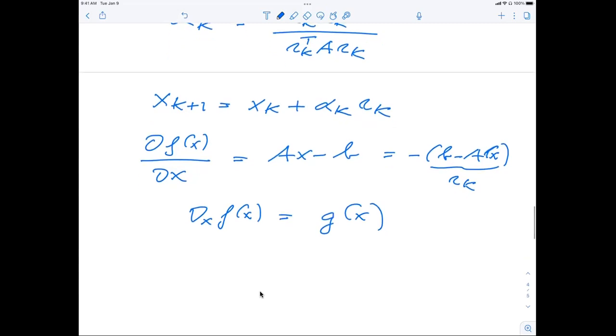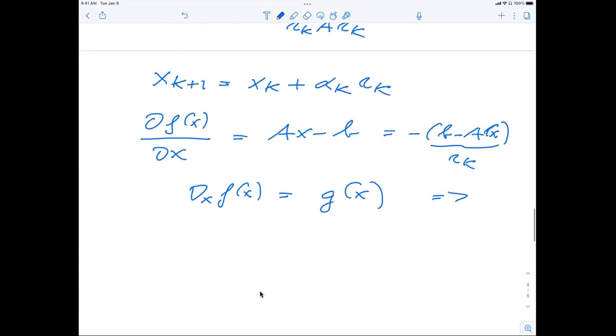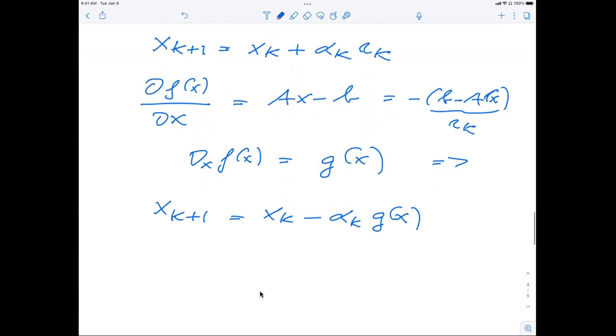So what I can do now is simply replace r of k with the gradient. So I have x of k plus 1 is equal to x of k in the previous iteration minus alpha of k multiplied with g of x. So here we have an explicit recipe for finding this one.